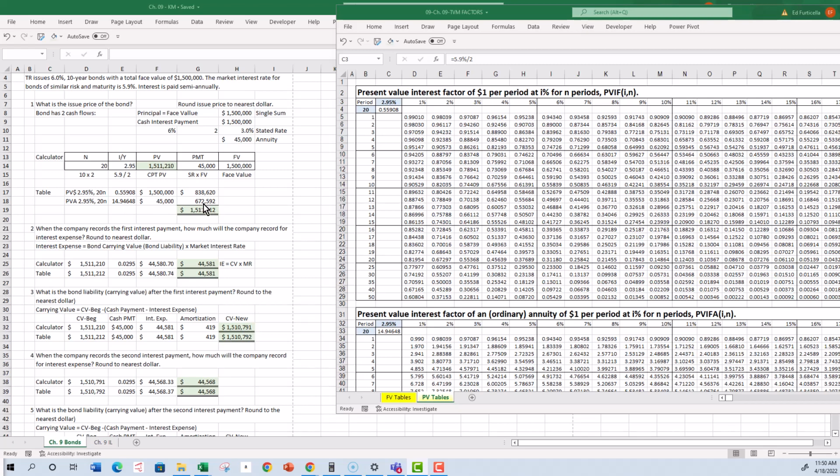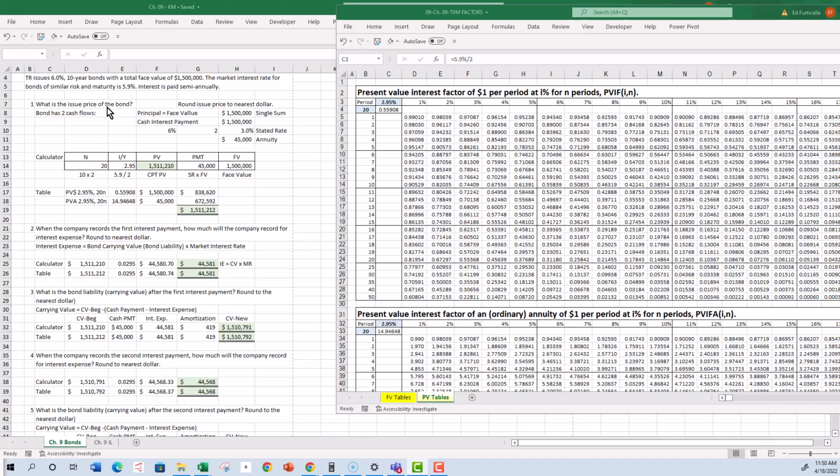We add the value of the lump sum plus the value of the annuity payments, and we get $1,511,212. This is the price or the value of the bond. There's a difference of $2 only because tables truncate values where calculators don't. That's how you calculate the issue price.